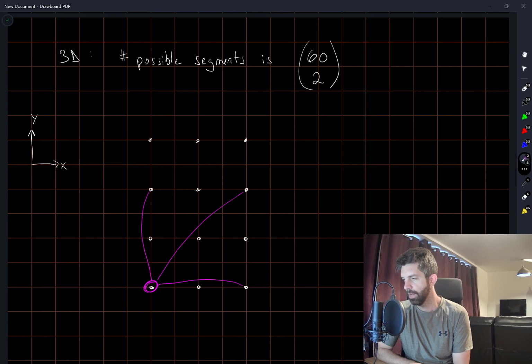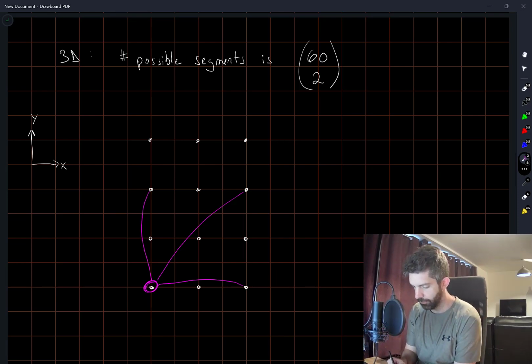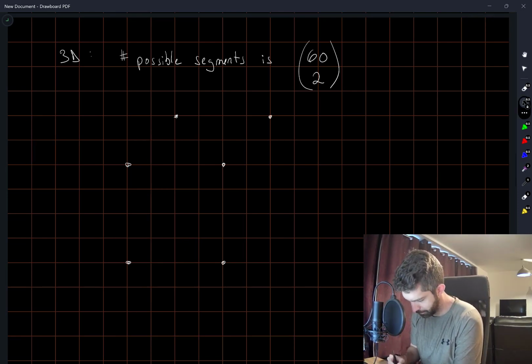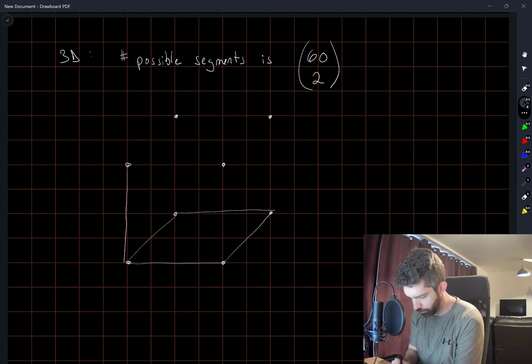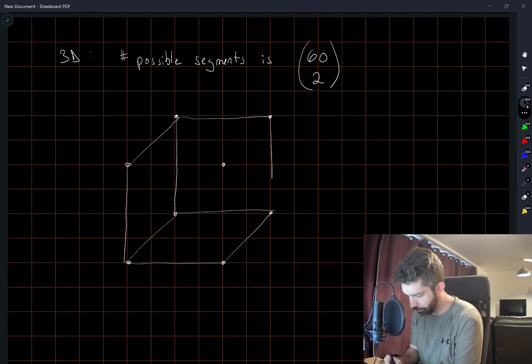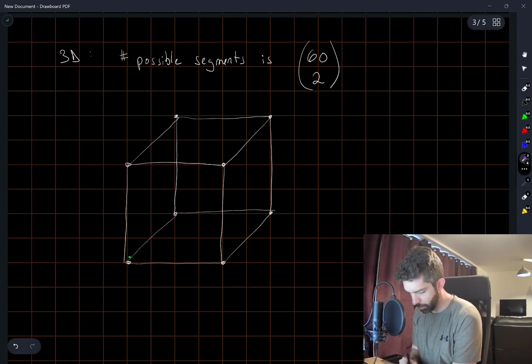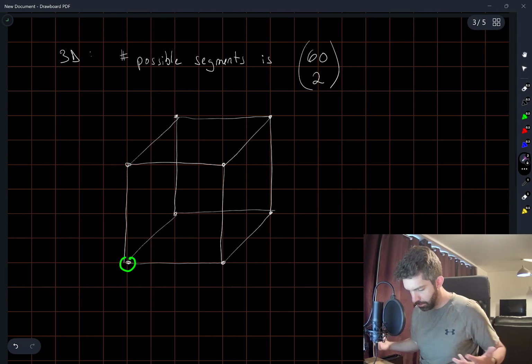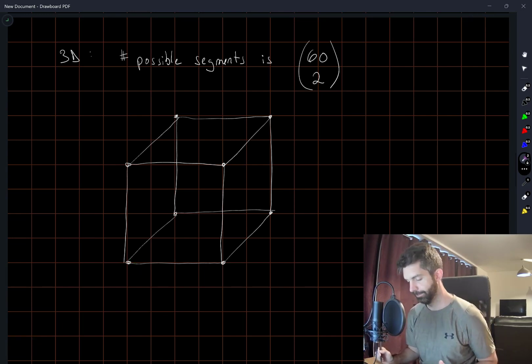You know what another way of doing this is? Okay, so let's say, what I've just realized is, if I choose any point, so let's say this is the origin, draw a cube of side length 2.